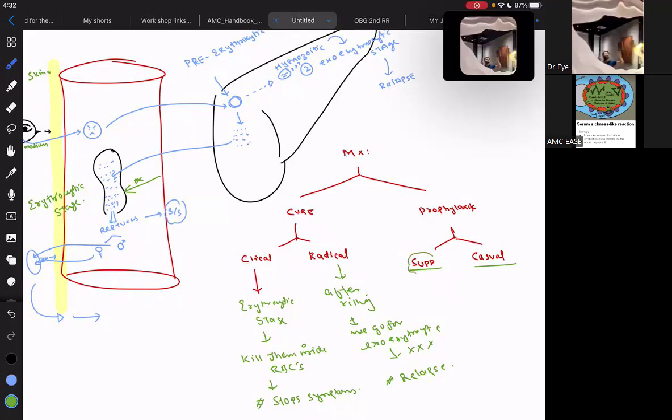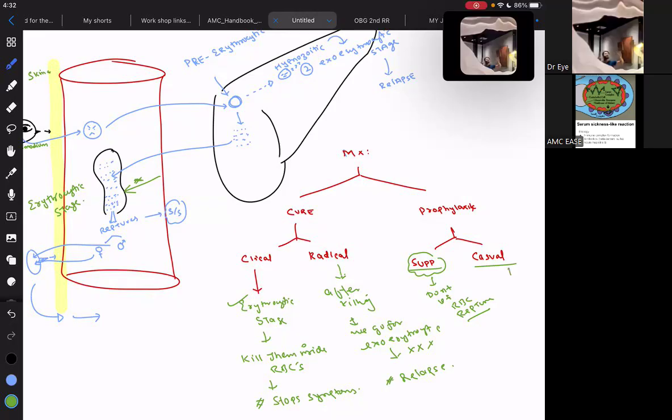Again, we can give some suppressive treatments where we don't let the RBC rupture. Here, in the erythrocytic stage of clinical treatment, we kill them inside the RBC. But here we don't kill them. We make the RBC very tough to be ruptured. So therefore, we don't let the RBC rupture.